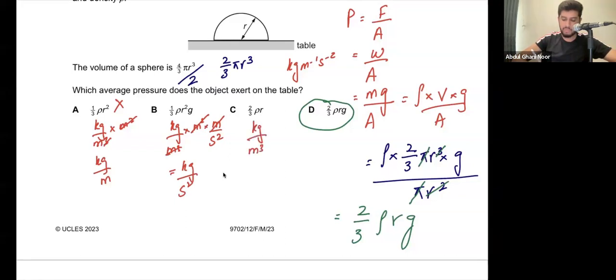Kilogram per meter cube multiplied by r, which is meter. ये और यहाँ पर एक स्क्वायर बाकी रह जाएगा, किलोग्राम पर मीटर स्क्वायर, ये भी नहीं है। So it has to be D, so that you get kilogram per meter per second square.